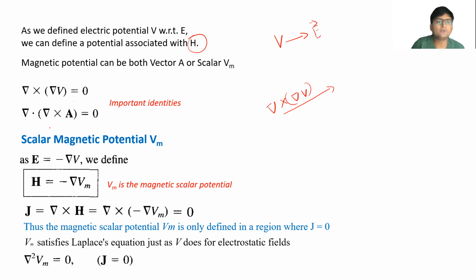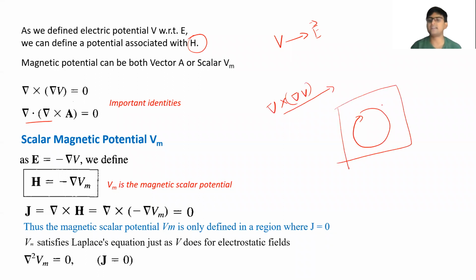Now similarly, the second quantity is also a very important identity. Divergence of curl is equal to 0. So why is the divergence of curl 0? Curl of any vector shows a rotational vector, right? Something which is rotating. And if you take the divergence, we have already discussed that divergence represents the flux of some particular vector going out from a closed surface when the surface area is shrunk to a small point.